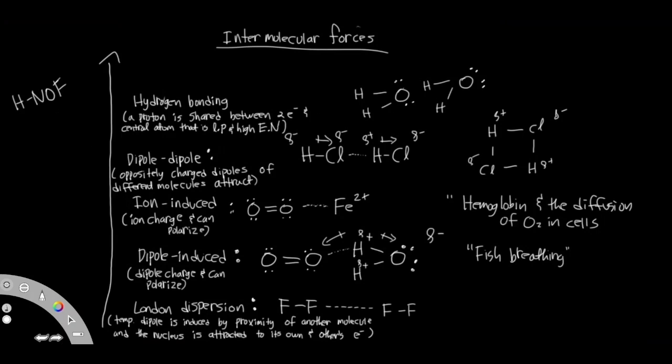If we look at this end, which is slightly negative, this end slightly positive, slightly positive, slightly positive, slightly positive, slightly negative. Let's have this attraction here with this dotted line together.